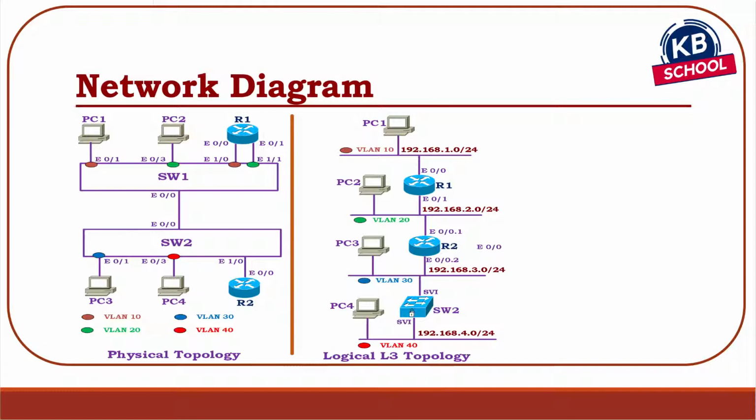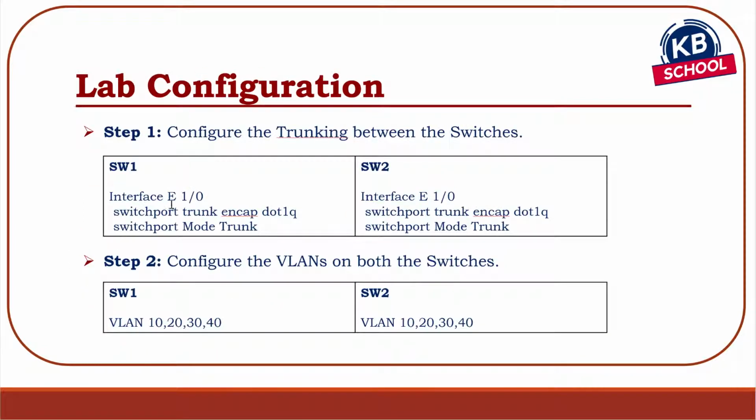So this diagram is right. This one I need to fix. It is gig 0/0, which is doing the trunk. And actually it's not E, it is G for me. So I'll just put it over here for you guys. Or to match the topology, I'll just keep it as E. But in my case, it's a gig port.